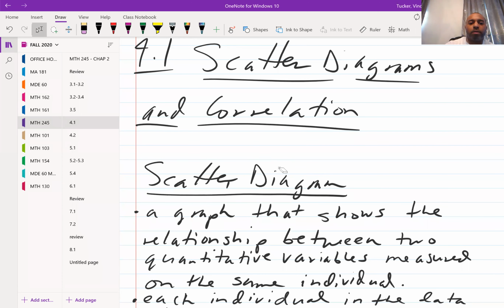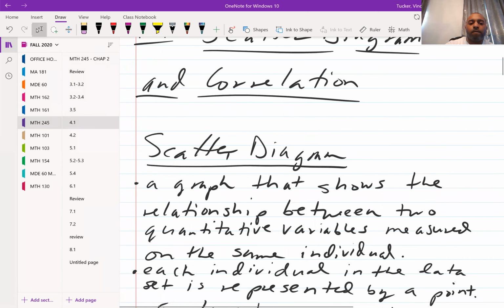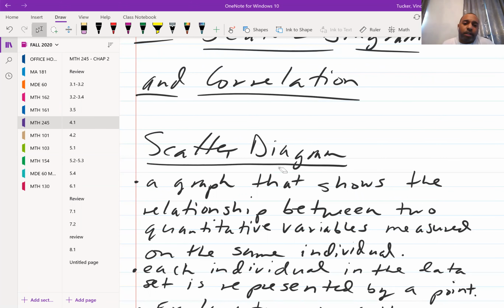So scatter diagrams and correlation. A scatter diagram is a graph that shows the relationship between two quantitative variables measured on the same individual.